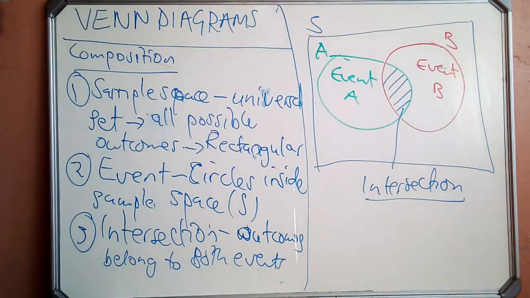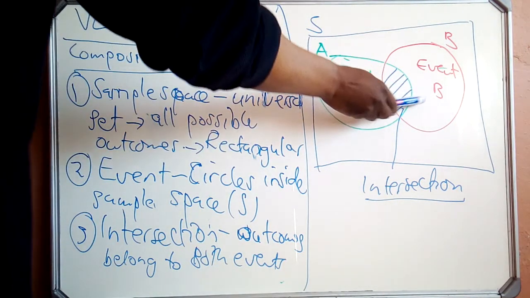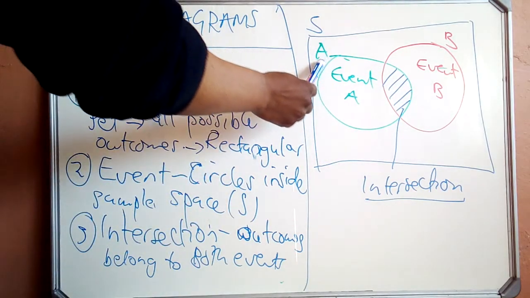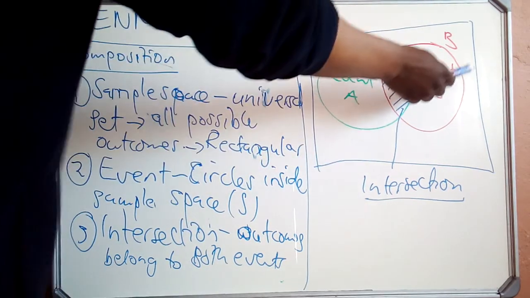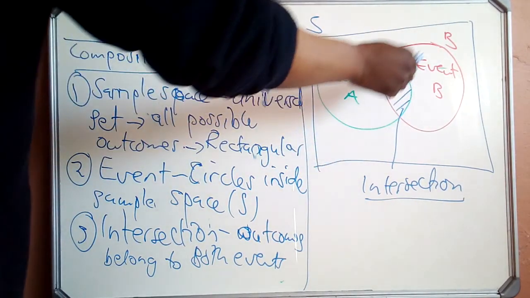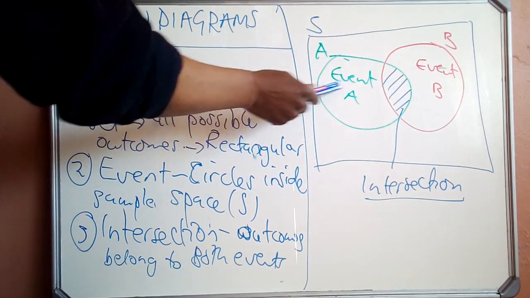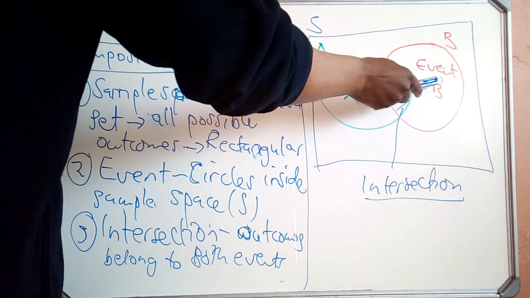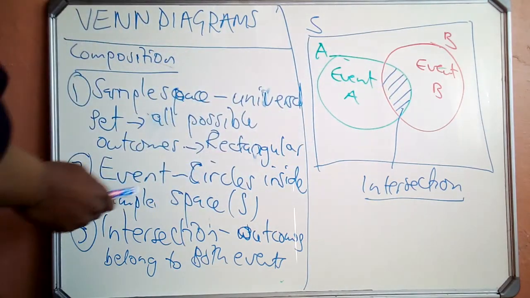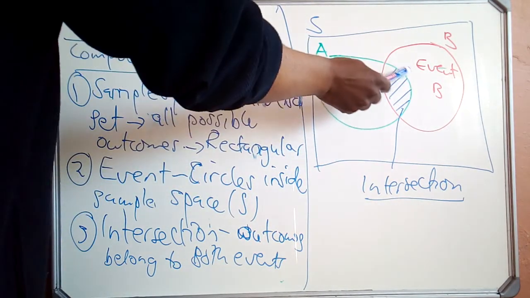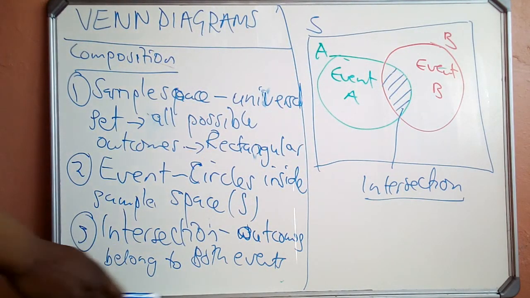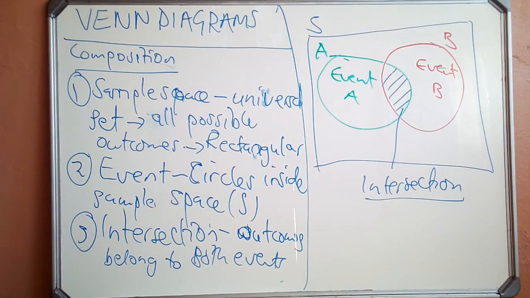In the intersection, these are the outcomes that belong to both A and B. Here are outcomes that belong to event A, here are outcomes that belong to event B, and in the center where the two meet are outcomes that belong to both A and B. That is a simple representation of a Venn diagram.